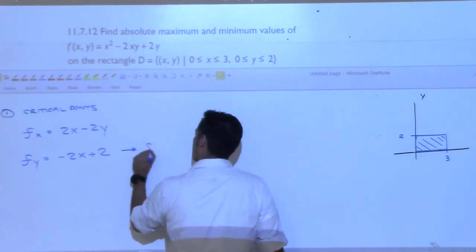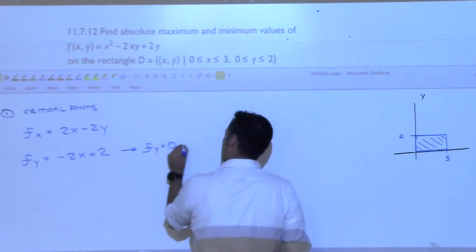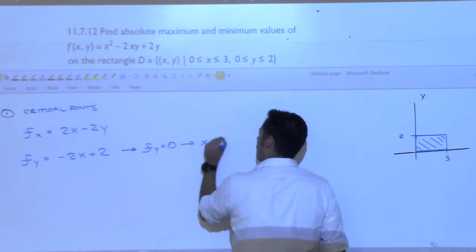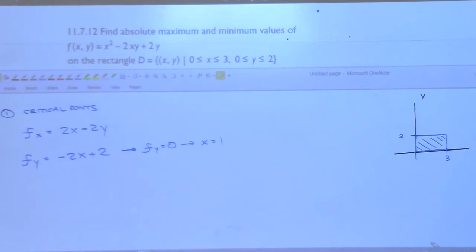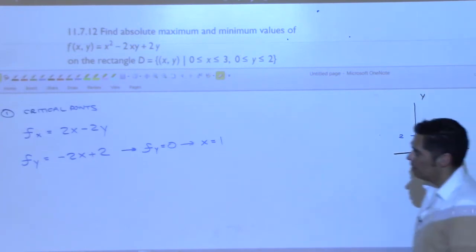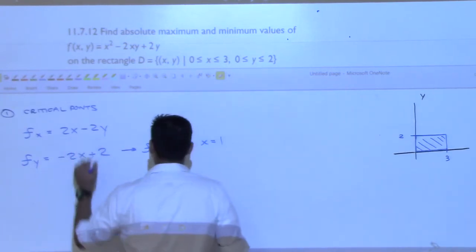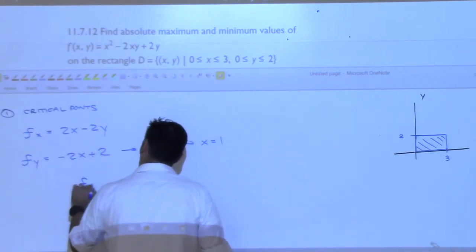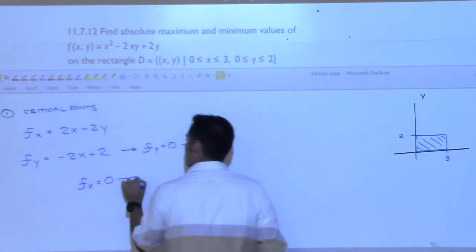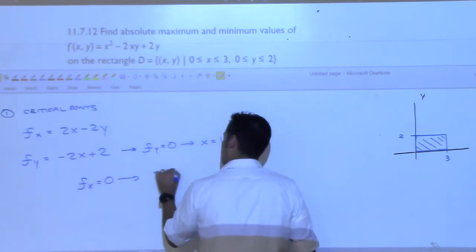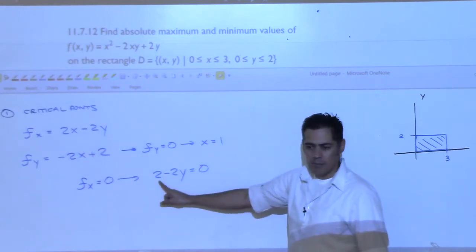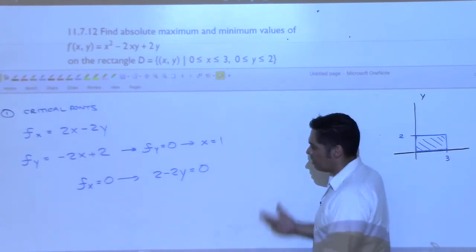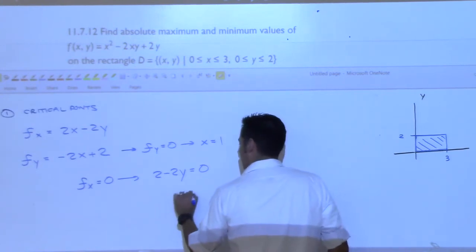So when you do this one equal to 0, you get only one answer, and that's x must be 1. And once I know what x is, you plug it in here. So your partial with respect to x equals 0, that equation actually becomes 2 minus 2y equals 0 because I've replaced the x with 1. So that, oh, we get 1 again, don't we? 1, 1.